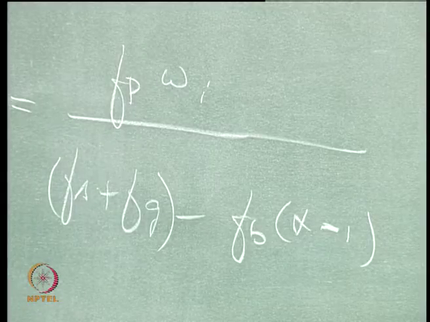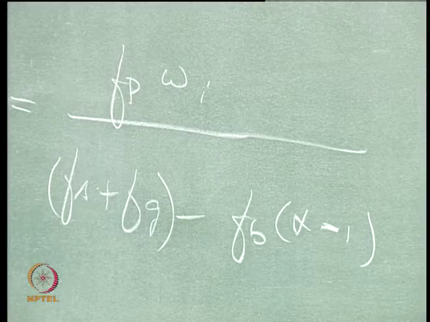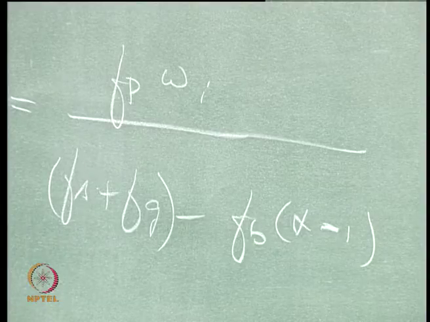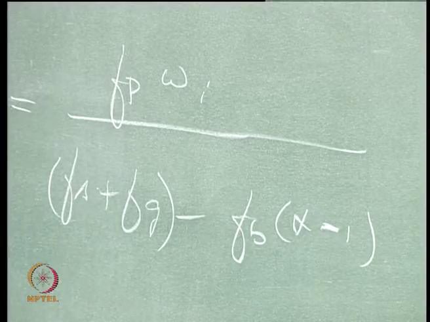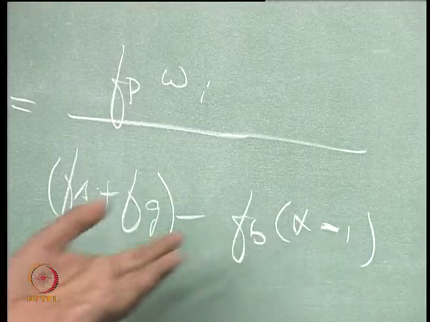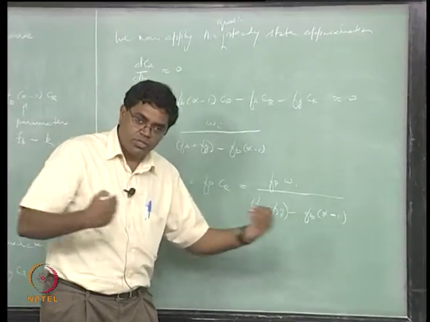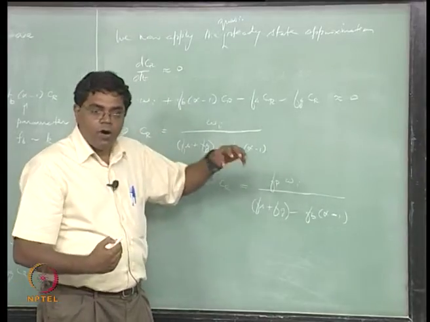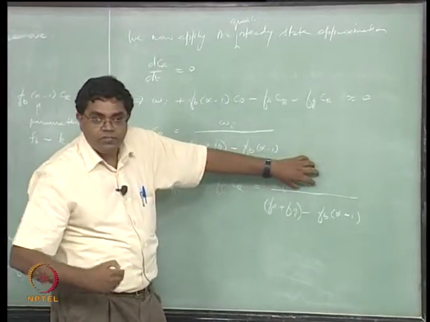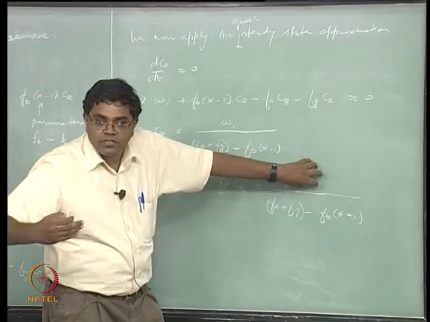Or in other words, the rate of production of your final products depends on the interplay between the rate of production and rate of consumption of the intermediates for a given rate of initiation of the intermediates.